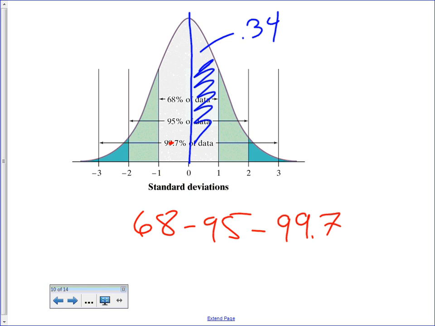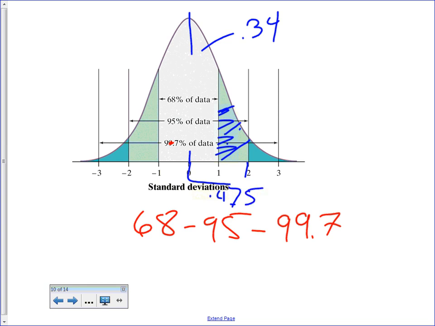And we can start to find what all the little chunks of this are. If the area in blue here is half of 95, we already said that this area here was 0.34, and we subtract that out. Half of 95 is 0.475.